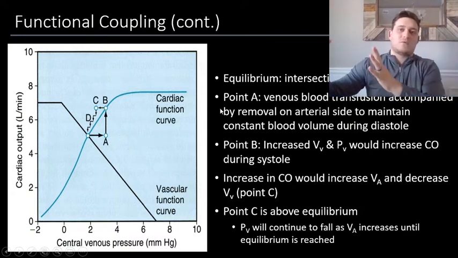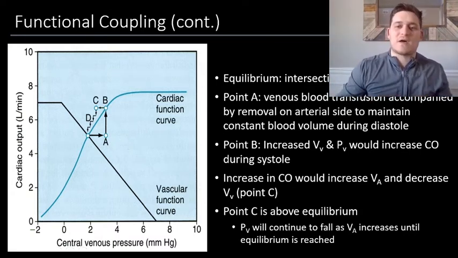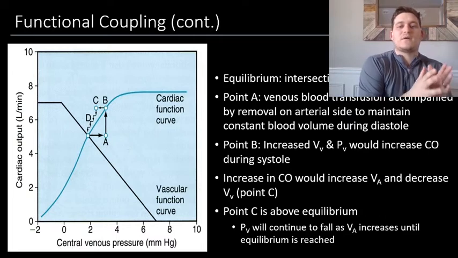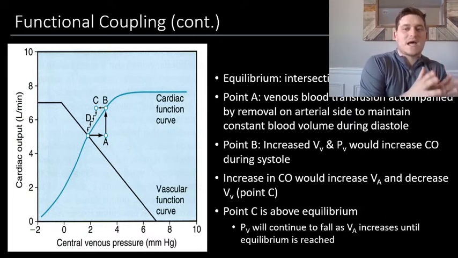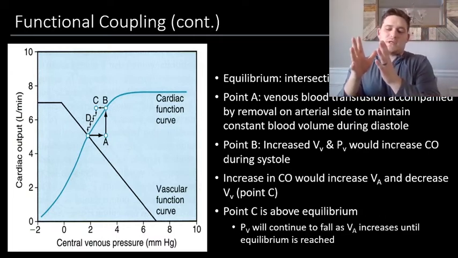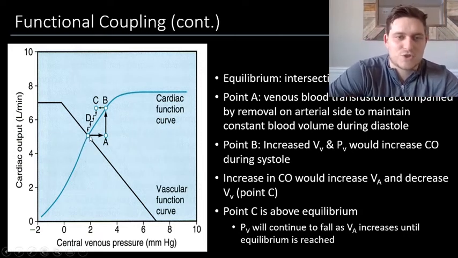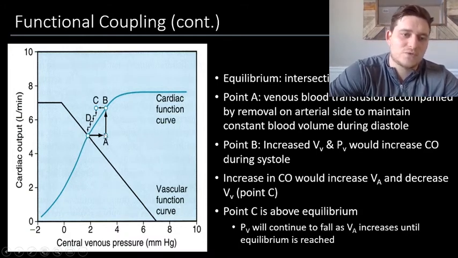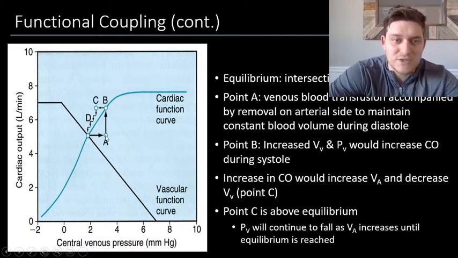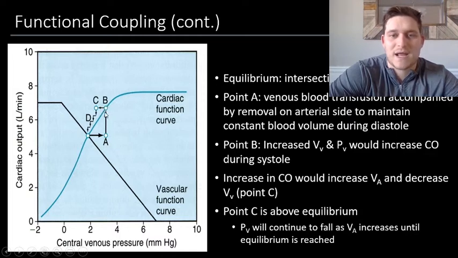So we're not changing the total volume of blood, but we're putting more blood from the arterial side to the venous side, right? And ultimately, what you're going to see then is a shift. So we're increasing central venous pressure. And due to that cardiac function curve, that increase in venous pressure is ultimately going to increase the cardiac output.